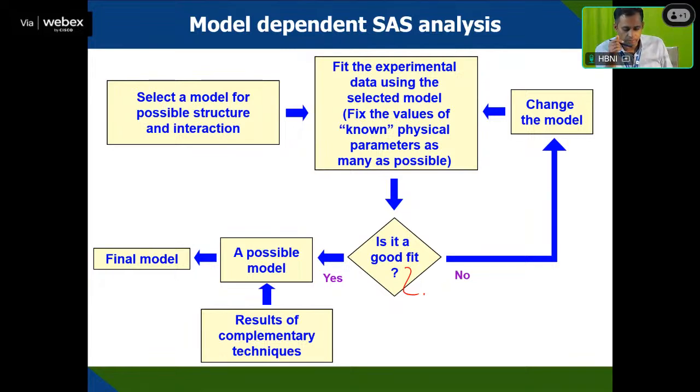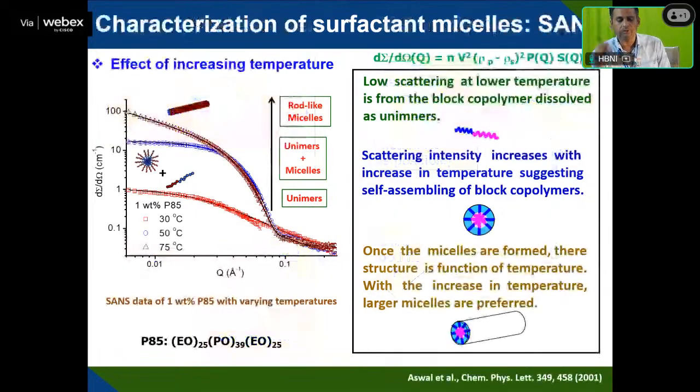Then by slight modification of the model, you can get the final model and the results. But if your fitting is not good, then you have to come back and change the model, to fit some other model to find out those parameters, like shape, size, or different information.